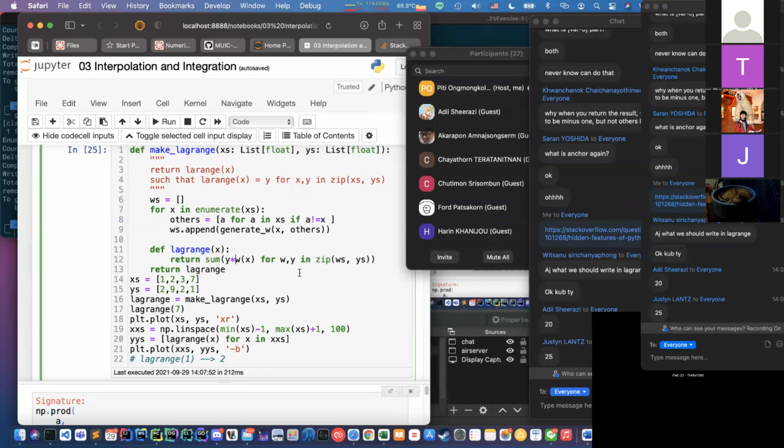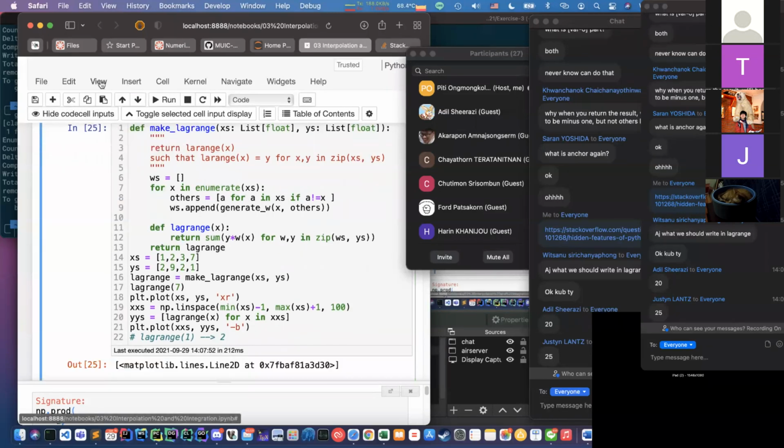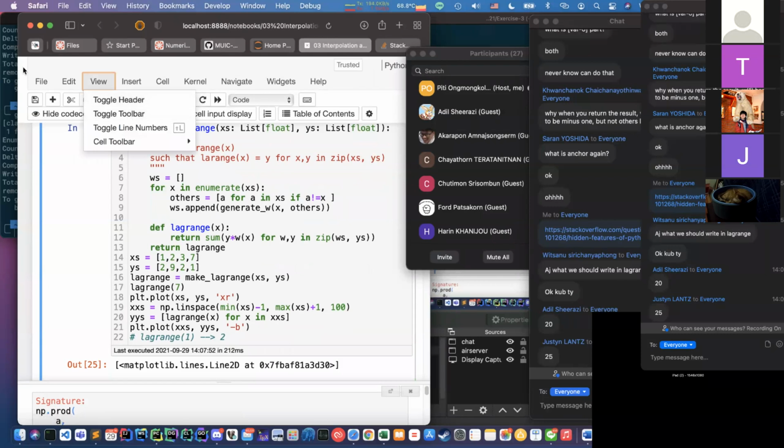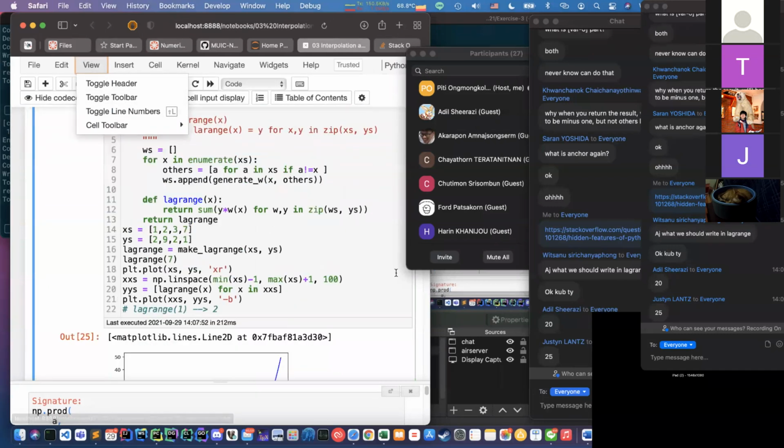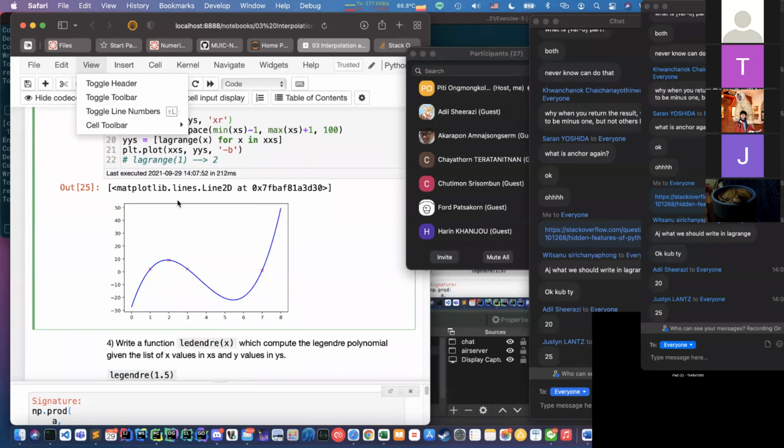If you're done, please raise your hand. You should get this one. You can see this is a polynomial that passes through the other points, exactly what we need.